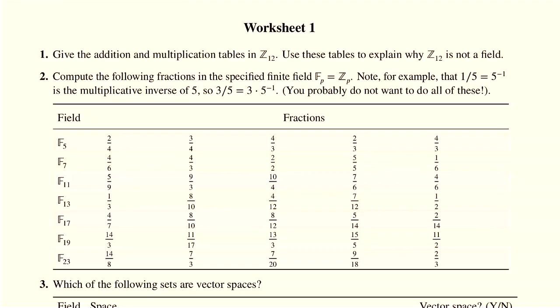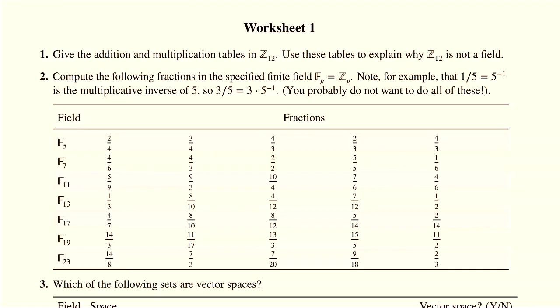The reason it's not a field is that there are no multiplicative inverses, and you're going to see that in at least one of the rows. So in the rows of the multiplication table, what should happen? I'm not going to actually write it down, I'm just going to say it. In the row of a multiplication table, there should always be a 1 if you're a field, because x times something has to equal 1, and that something would have been the inverse.